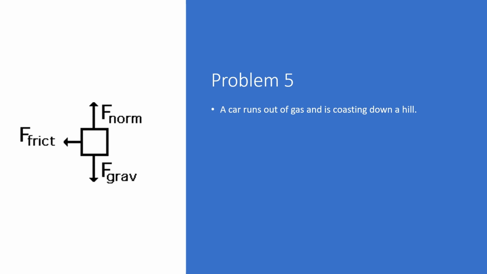And there is friction from the road. The road's going to oppose the motion of the car, but there's no ability for the car to accelerate because it's out of gas.